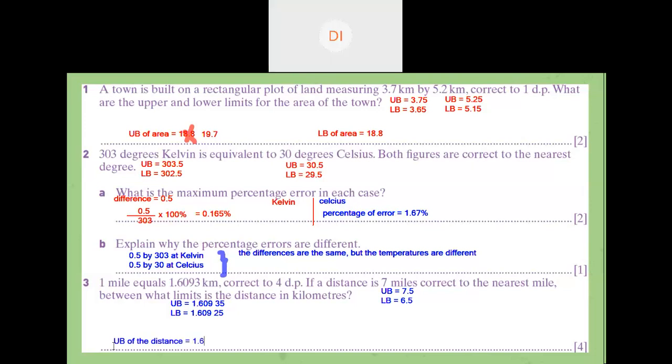Is there anyone confused? How many will it be for this one? 12.07. Is there anyone who got a different answer? You can use a calculator. I'm also using a calculator.